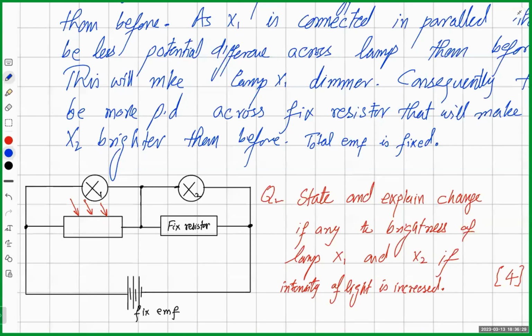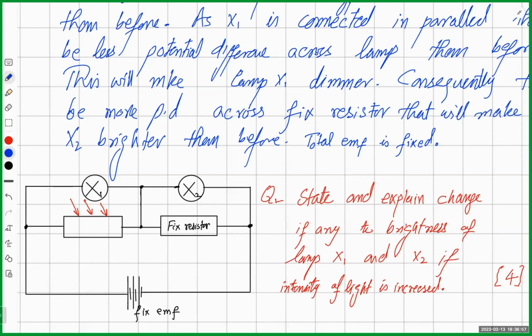Okay, now it is the same kind of question, but in this case, instead of a thermistor, there's an LDR. Two lamps, X1 and X2, are connected. These two lamps have the same resistance in any case. Their resistance will not change because of change in anything around them. They are fixed resistances, and there is an LDR. The LDR's resistance depends on intensity of light.